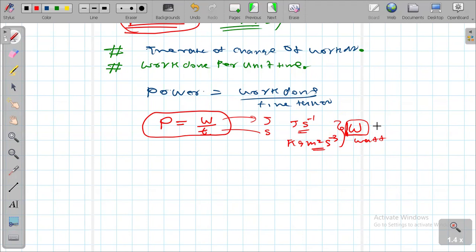Now the next step is to write a very simple example question.